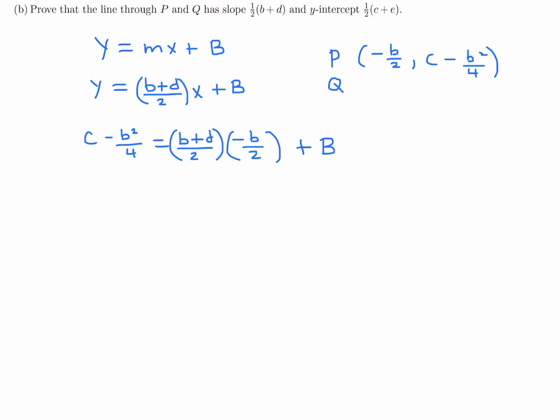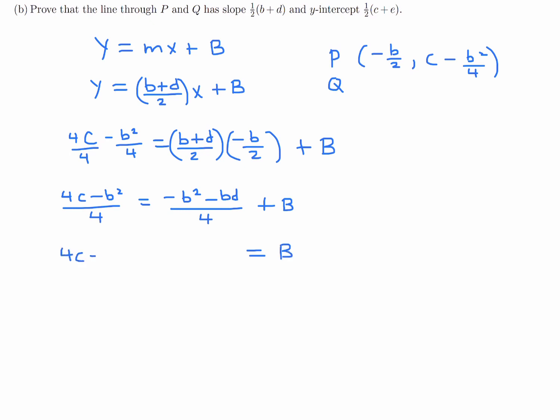The first thing, of course, as always, try to get this all into one fraction. So I'll multiply top and bottom here by 4. And this basically will become 4c minus b squared all over 4. And this becomes minus b squared minus bd all over 4 plus b. And put everything on one side.